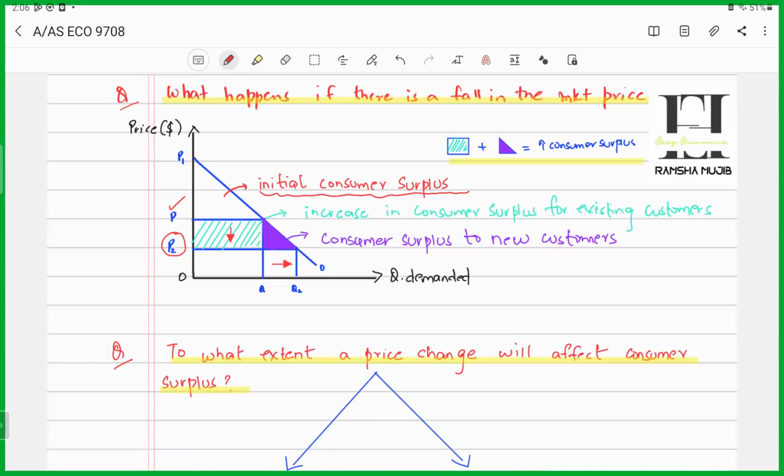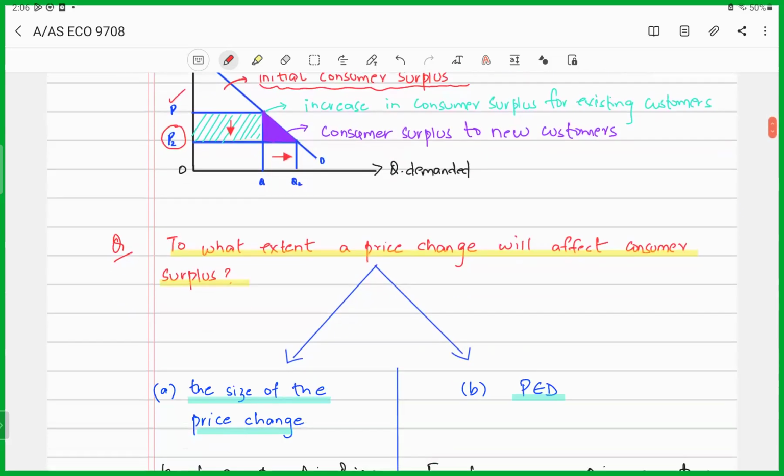This means that since the market price has fallen below the initial market price of P, more consumers are now willing to buy the product at the reduced price. So, in totality, the consumer surplus has risen by the triangular region and the rectangular region. This total increase is contributed by the existing customers as well as the new customers.